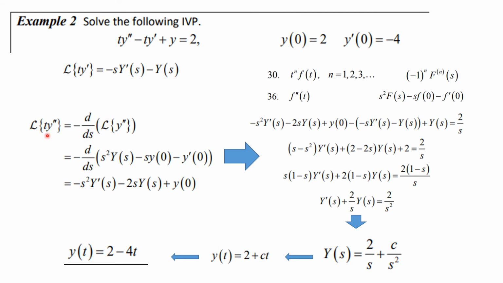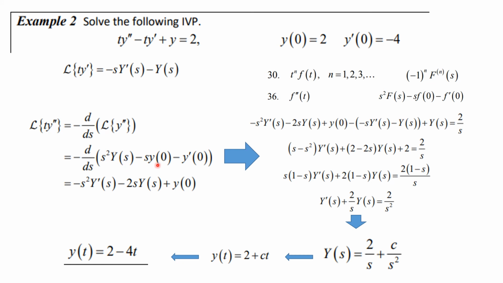So that says that t, n is 1 again, f is y double prime is equal to minus 1, the derivative with respect to s, the first derivative of the Laplace transform of y double prime. But we know from formula 36 that the Laplace transform of y double prime, in fact, is equal to this. We've used that many times.